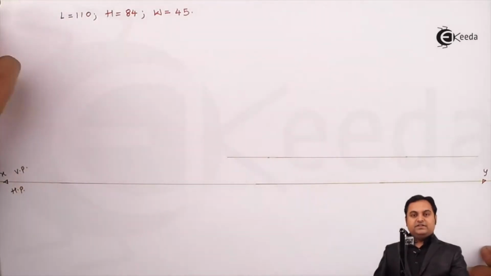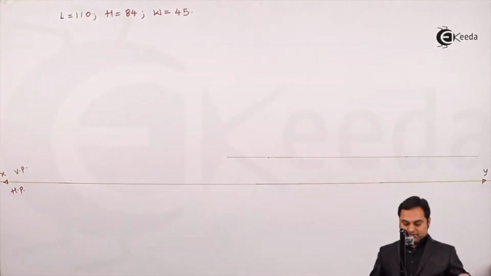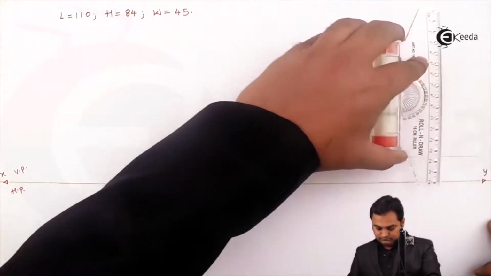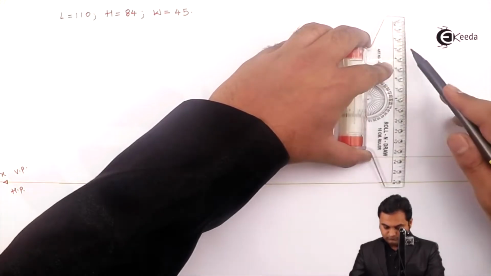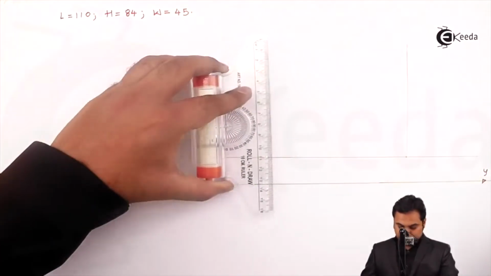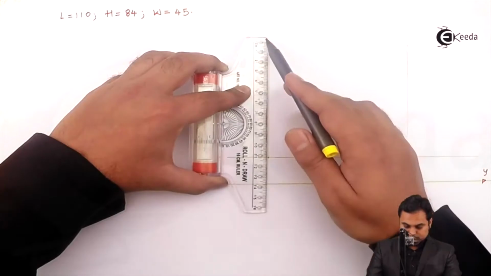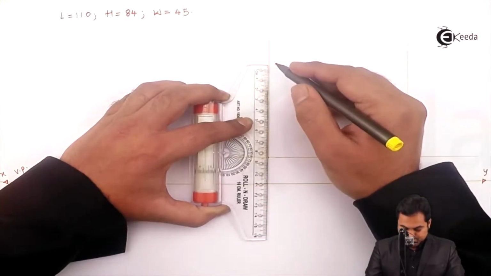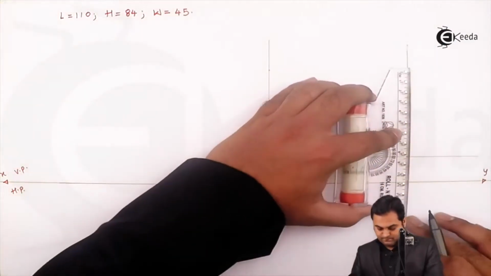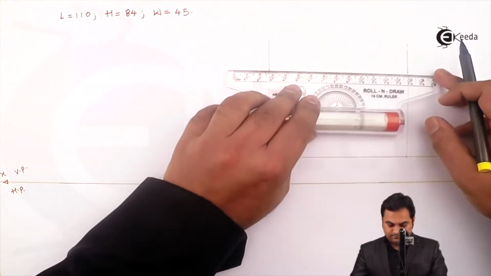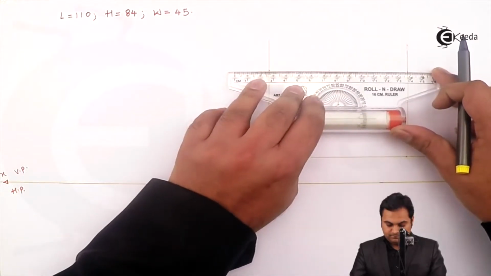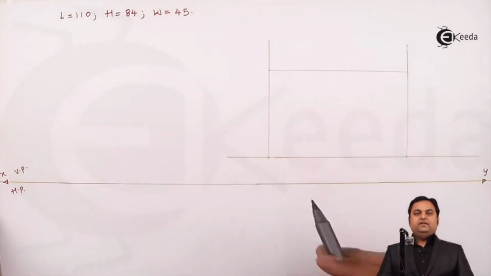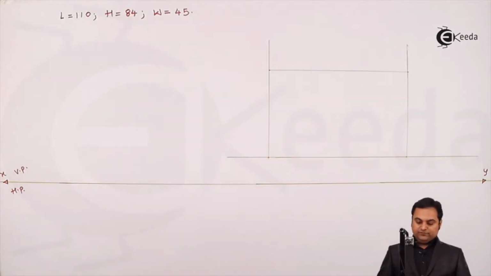Next, the total height is 84 mm. And in the front, length and height are visible. Height is 84 mm. So here is the rectangle inside which I will be drawing the front view.